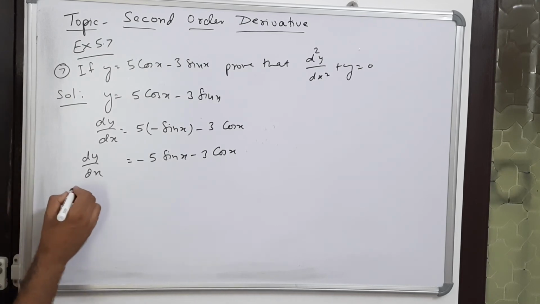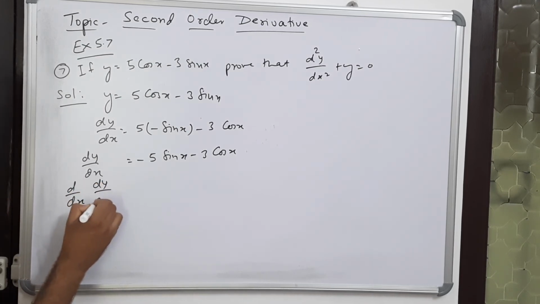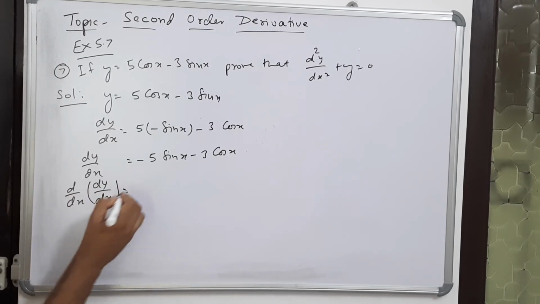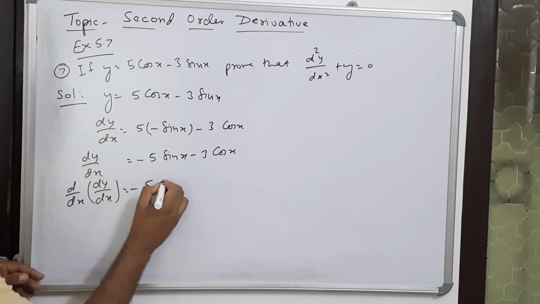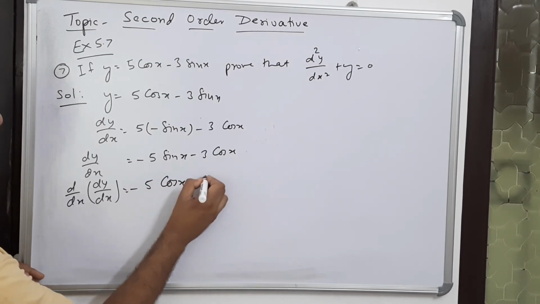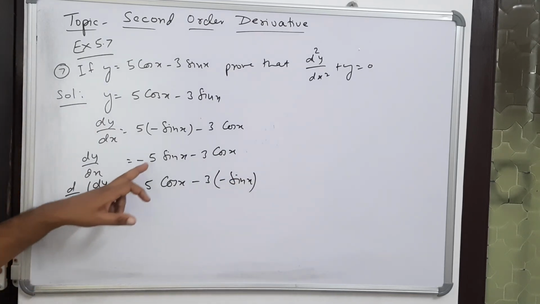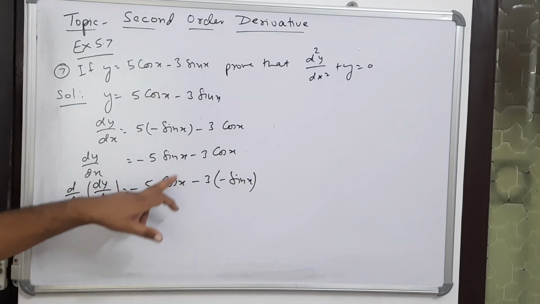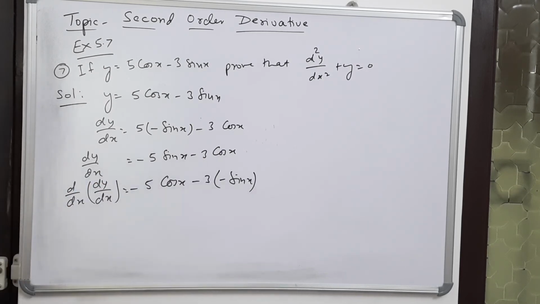Now we take the second order derivative, and it is d by dx of dy by dx. So when you find d by dx of dy by dx: minus 5 cos x minus 3 into minus sin x. Minus 5 is as it is, the derivative of sin x will be cos x, minus 3 as it is, and the derivative of cos x is minus sin x.